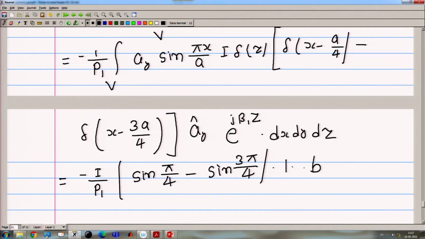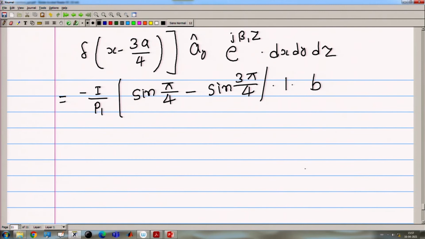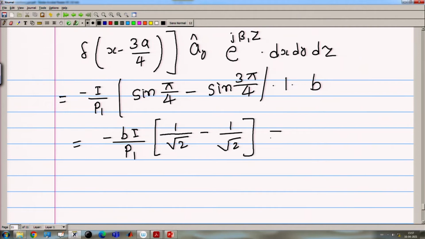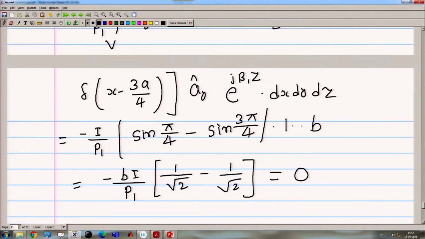So, this will be minus of b I divided with P1 and sin pi by 4, 1 by root 2, minus this will be 1 by root 2. So, this will also be 1 by root 2, and the value for this A1 plus will be 0. A1 plus, this amplitude for the A1 plus, that is 0.